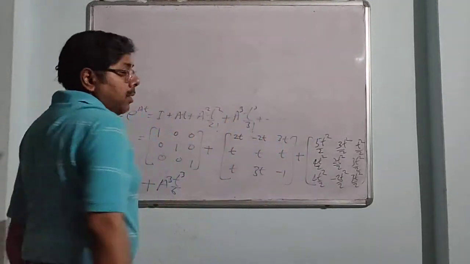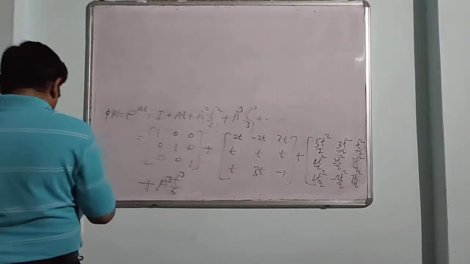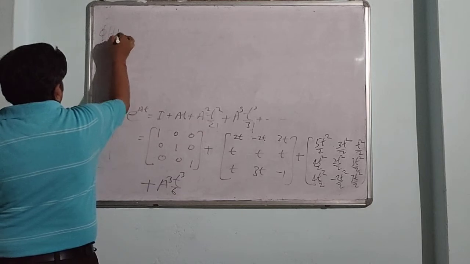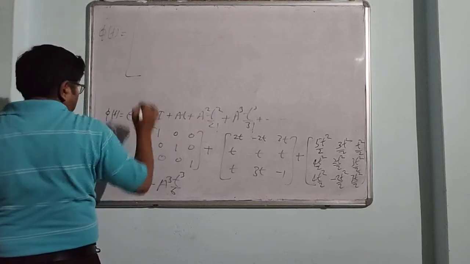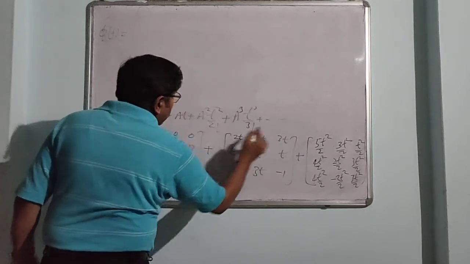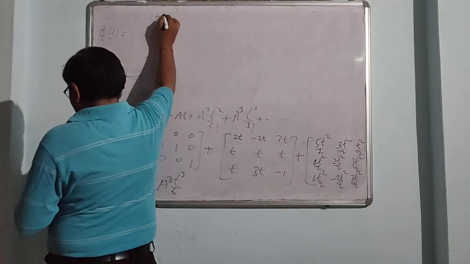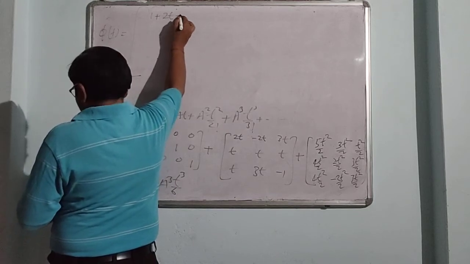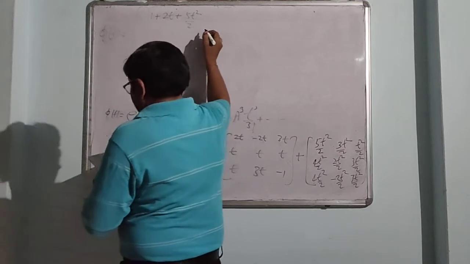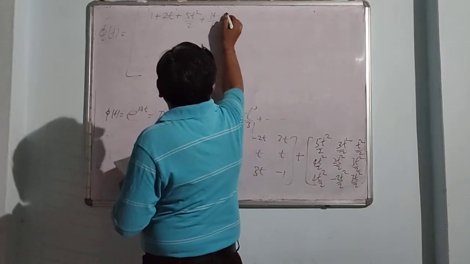The final answer is, after collecting all terms, the answer is like this. For the first term, this is the addition of all first terms. That is 1 plus 2t plus 5t square upon 2 plus 14 upon 6 t cube.